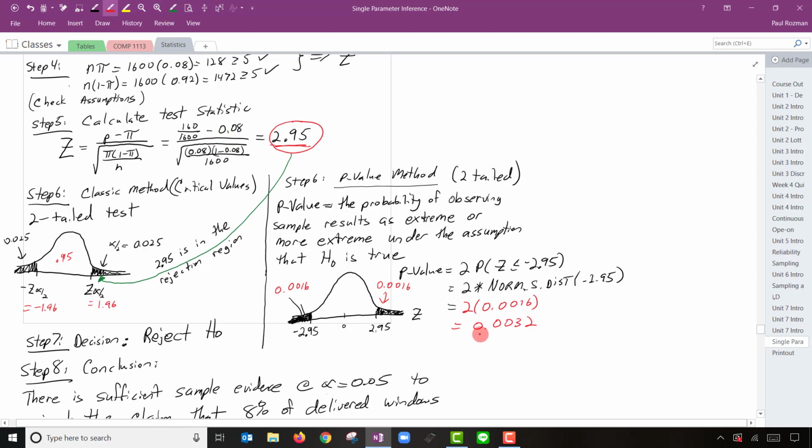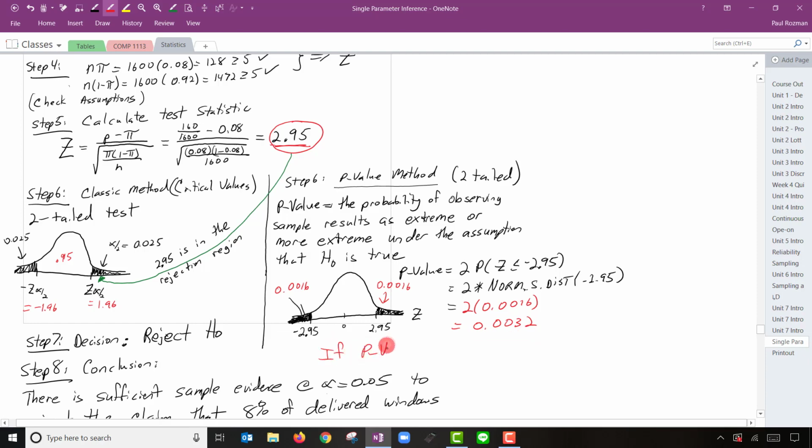So rather than just saying this is a low number, we need something to compare it to. And this is another place where we use alpha. We used alpha in our classic method to determine what the cutoffs were, and we're going to use alpha again in our p-value method. All you have to do is compare your p-value to alpha.